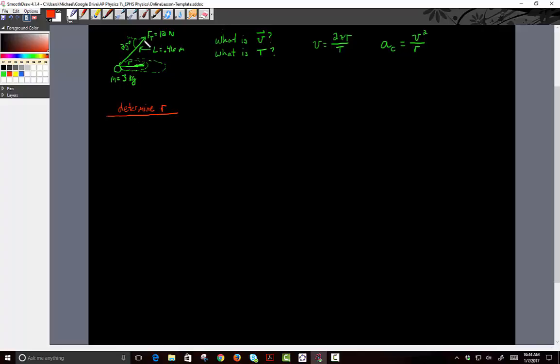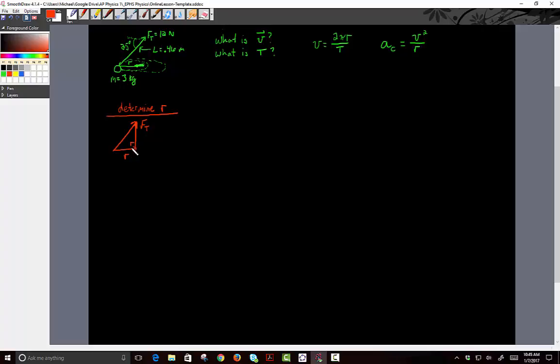I'm going to draw this triangle right here. So what I have is my tension force. Notice I didn't use T for tension. I used F_T. That's so that I don't get confused with the period, which is big T. And then I have r, which is right here. And then I have some other side, I don't really care about that.